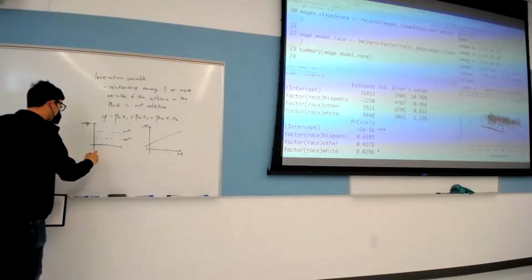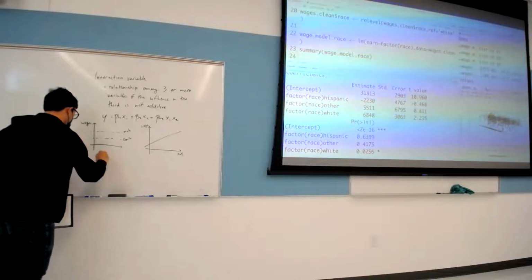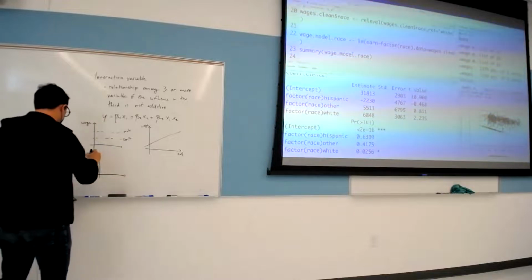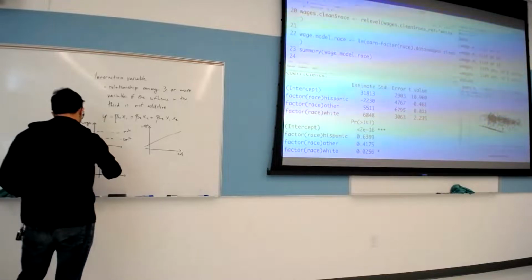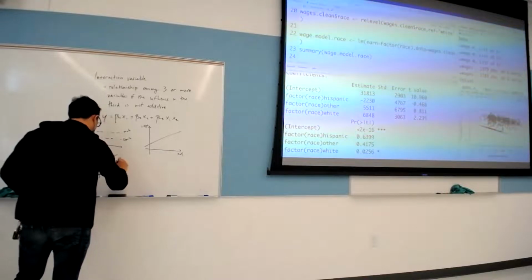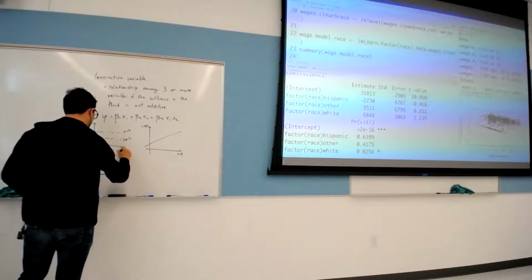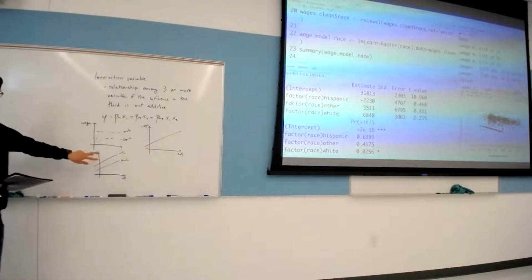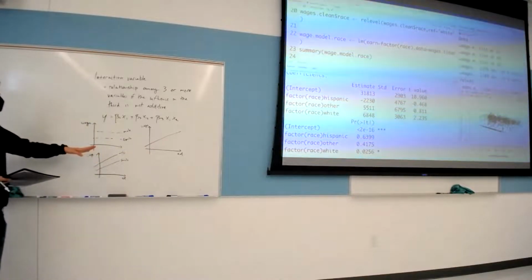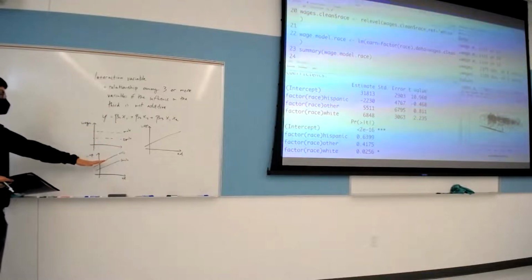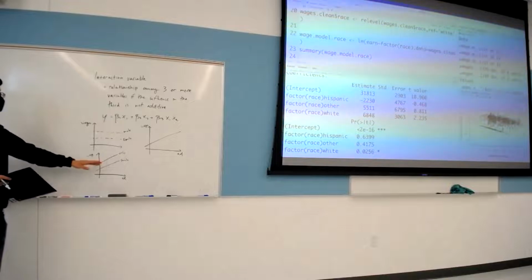We can combine these two and I would have something that looks like this. So where you have male and female, you'll have 2 parallel lines that capture the effect of wages as well as gender.